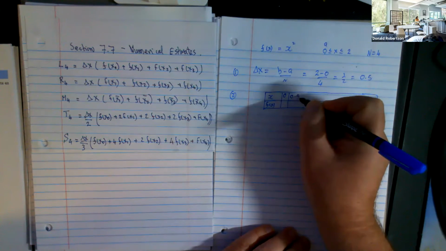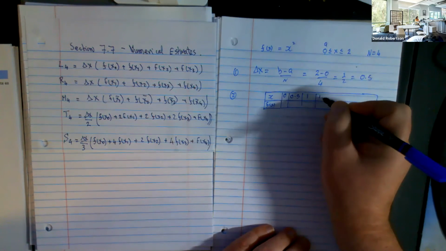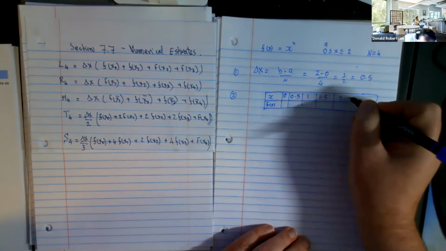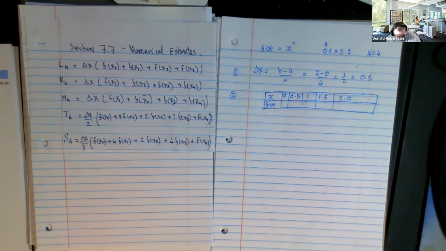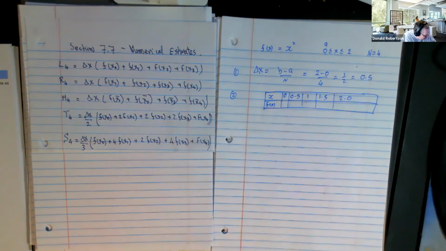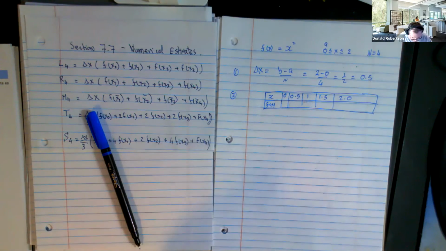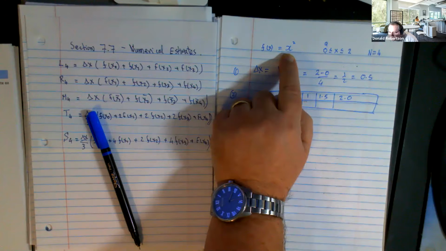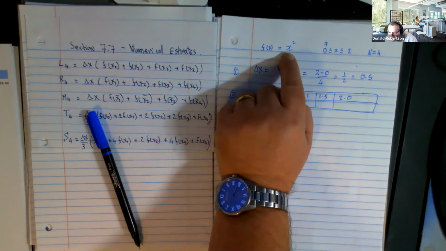So 0.5, 1, 1.5, oh, it shows you how well I plan ahead, right? 2.0. Now, if you notice that there's 5 coordinates, for each one of those, you evaluate the function. Now, the one I've done is a nice, easy one, just to make my life and your life a little bit easier. But could you imagine if this is really ugly?